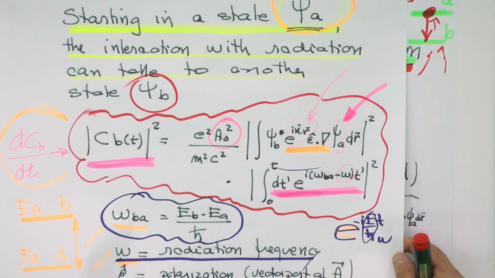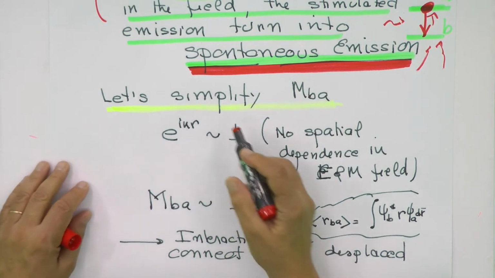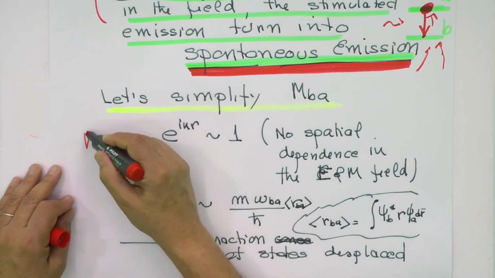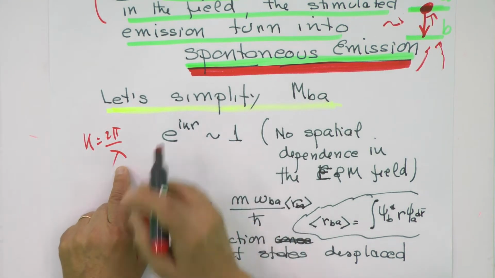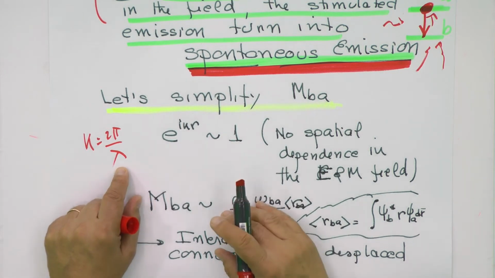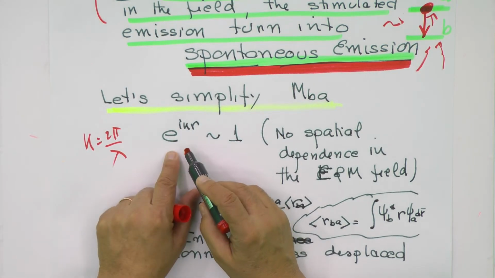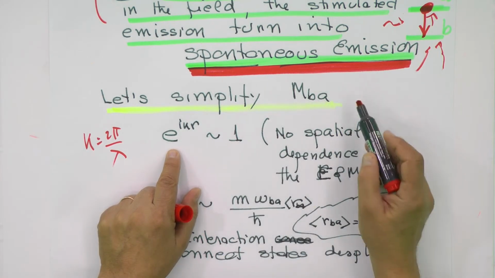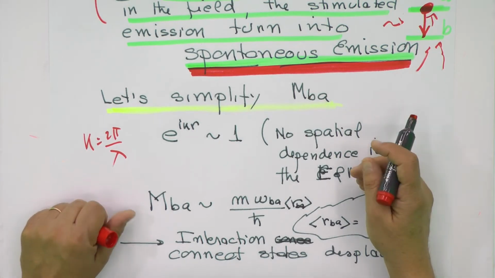Because if you remember, K is basically 2 pi divided by lambda. And lambda is micron, right? If you look at visible light, this is micron. And then here we have an atom that is angstroms, tiny little bit.